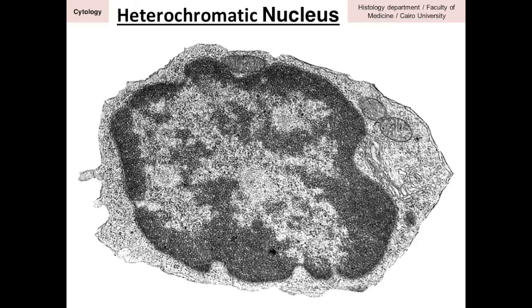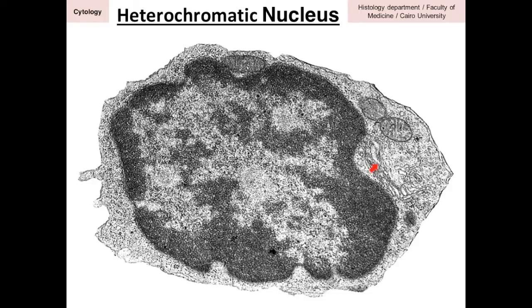This is a picture which is characterized by having a nucleus with abundant darkly stained chromatin. So here the heterochromatin is very prominent, denoting that it is an inactive nucleus. And also you may observe that the nucleolus is not observed, so it is a typical heterochromatic nucleus present in less active cells.